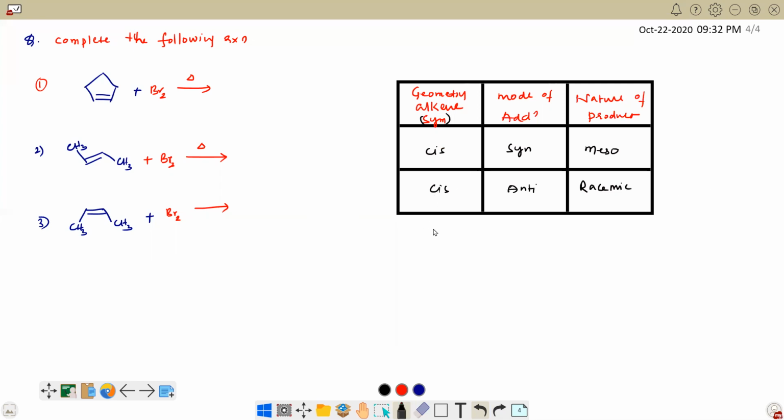Trans alkene, anti-addition, the product is meso. And trans alkene and syn addition, product is racemic mixture. Okay?